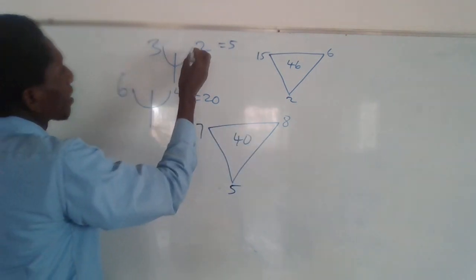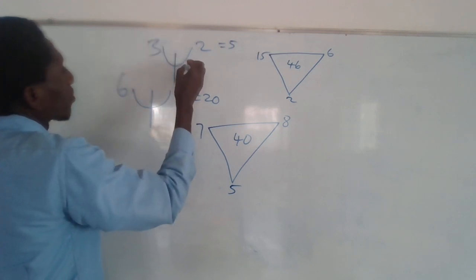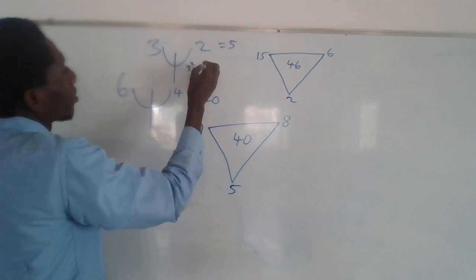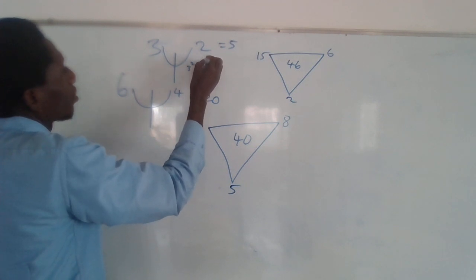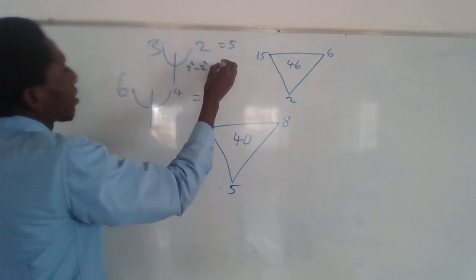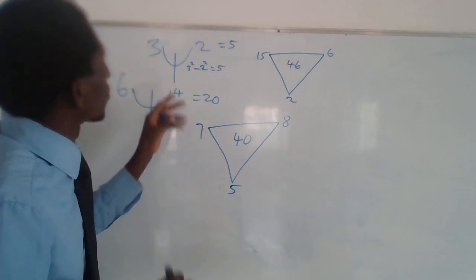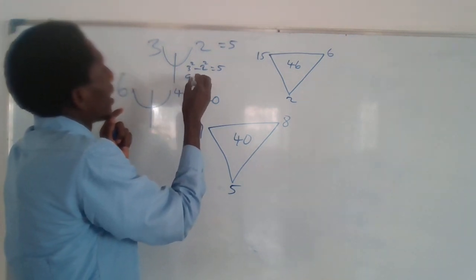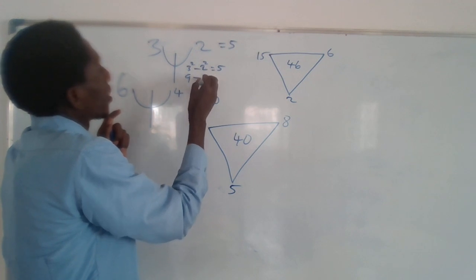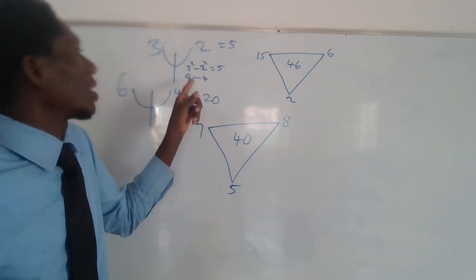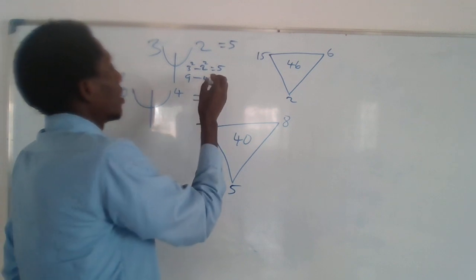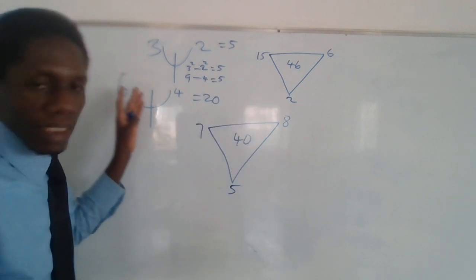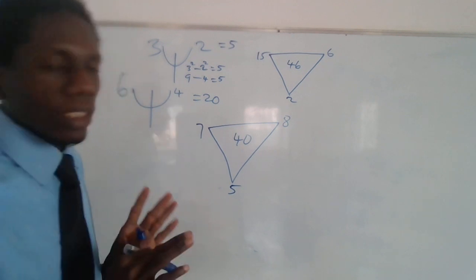Here I can easily square the numbers. If I say 3 squared minus 2 squared, I will definitely have 5, because 3 squared is 9 and 2 squared is 4, and 9 minus 4 equals 5. Then I apply the same method here and it works.